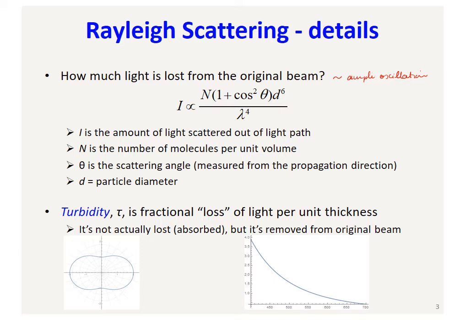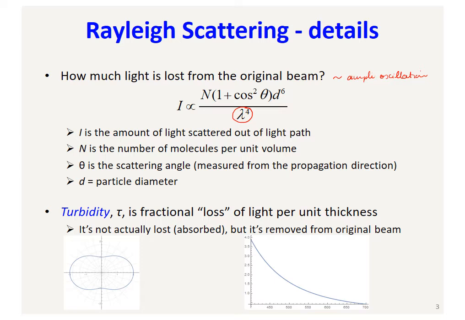So violet light then is going to be scattered more than red light. And in this expression, you can see that that effect is summarized here as the amount of light being inversely related to the wavelength to the power of 4.